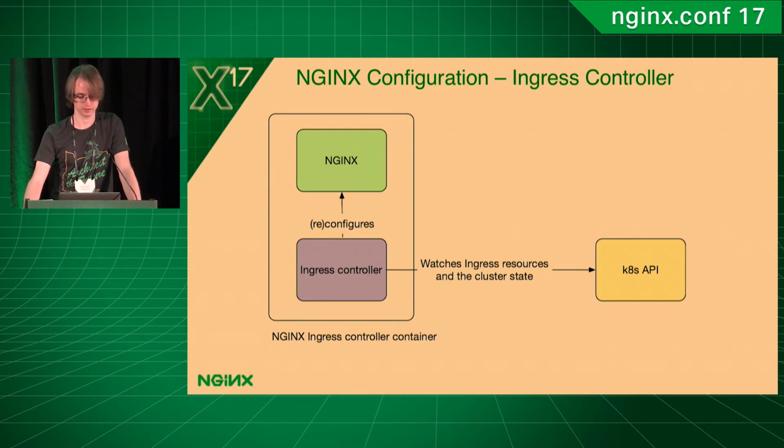Through the Kubernetes API, it monitors the cluster state and all the deployed Ingress resources. And when it sees, for example, that you have deployed an Ingress resource, it transforms this resource into NGINX configuration and reloads NGINX with this new configuration. So that's how it works. No magic here.